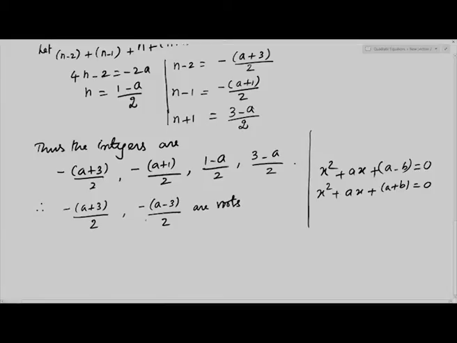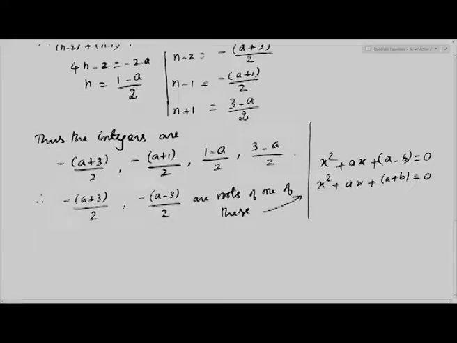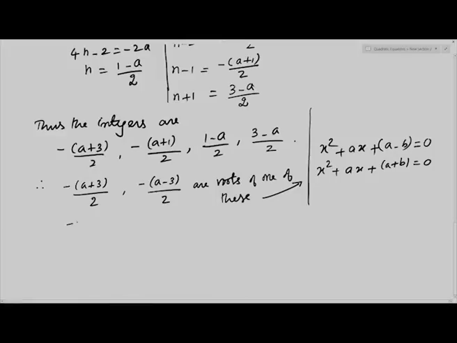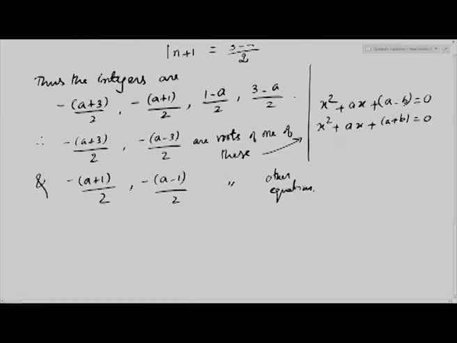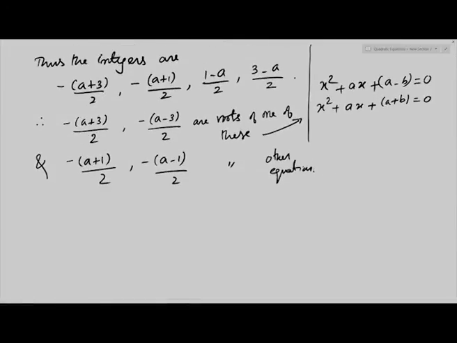Now, if I sum these two, then I get minus a, so they are roots of one of these equations, and similarly the remaining will be the roots of the other equation, that is minus a plus 1 by 2 and minus a minus 1 by 2. Is that clear?